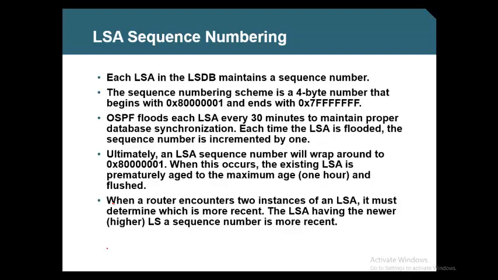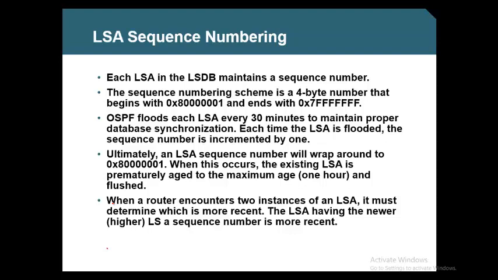With 32 bits, you can have many millions, I tell you. Many millions of changes can happen in the network. For each change, one number is incremented in the sequence number field in the update.